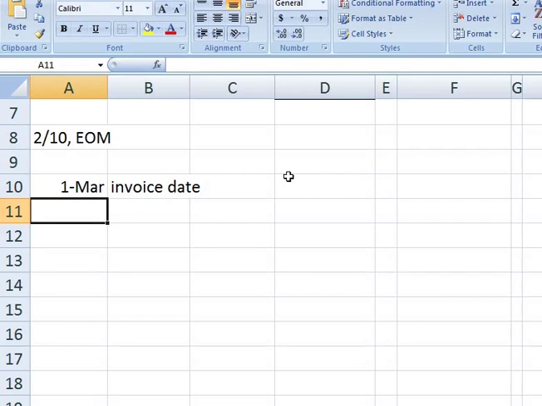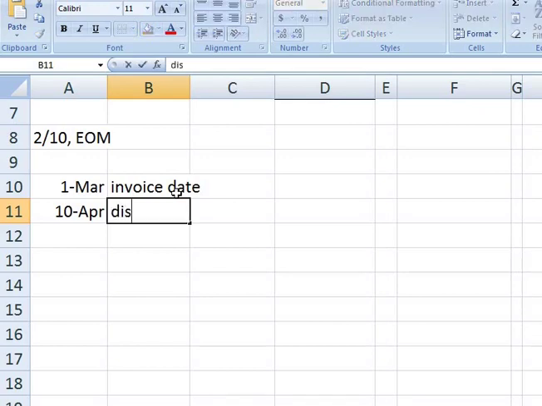If it is paid 10 days after the end of month, March, so that will be April 10. So this is the last day na maka-avail pa ng discount ang buyer or ang customer. So this is the discount period.